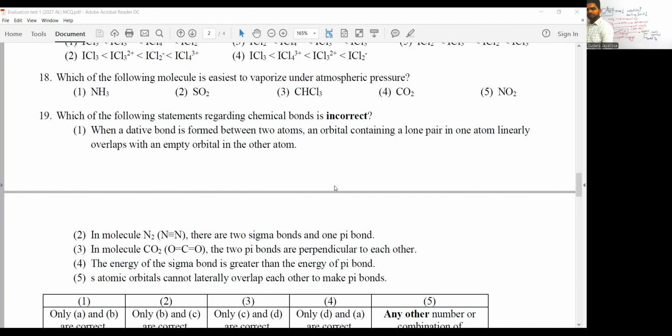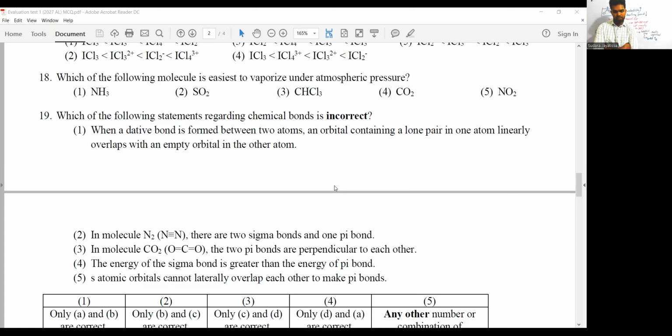It is asking which of the following statements regarding a chemical bond is incorrect. Look at the answers. When a dative bond is formed between two atoms, an orbital containing a lone pair in one atom linearly overlaps with an empty orbital in the other atom.